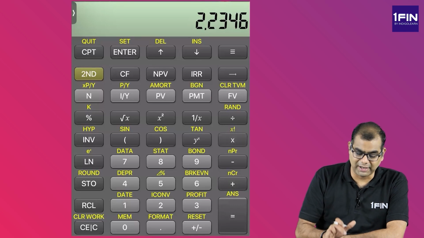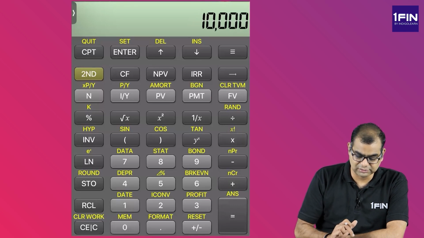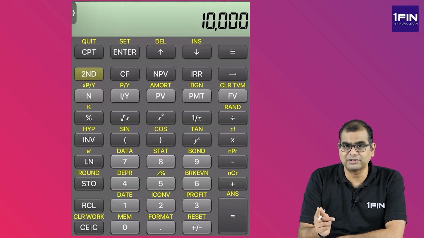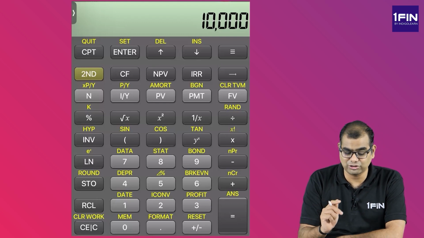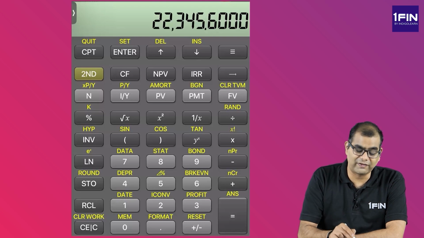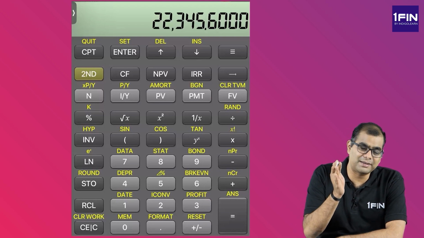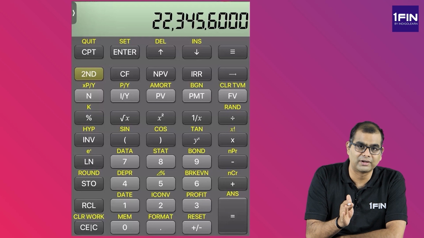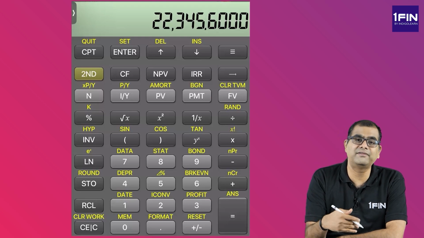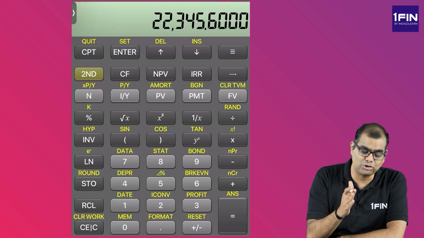But if I multiply it by 10,000, should the last digits 5, 6 appear or not? Let us see. It is appearing: 22345.6. Even though it is appearing rounded off on the screen, in the back end it is there, and when I multiply with a larger number, it does not go away.